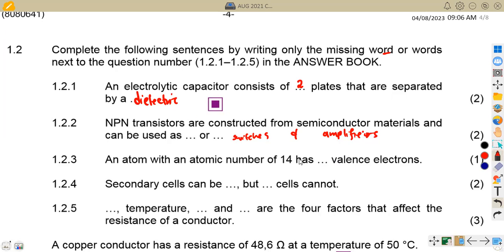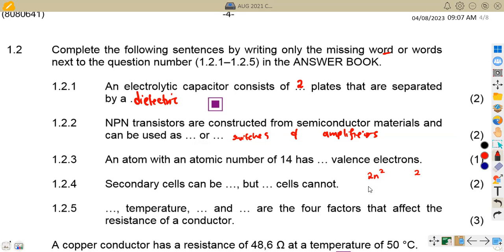An atom with an atomic number 14 has how many valence electrons if we are given the atomic number of 14? So if you are to draw it, remember that the first shell is going to be 2n to the exponent of 2, whereby we are going to consist of 2 electrons. So we are going to take 2 electrons in the first one.